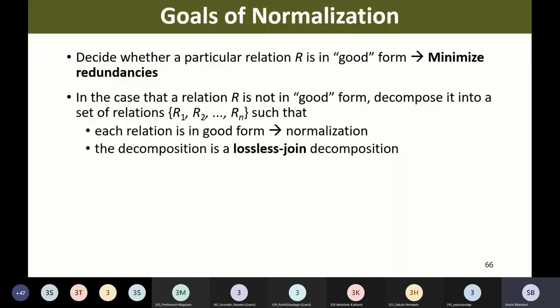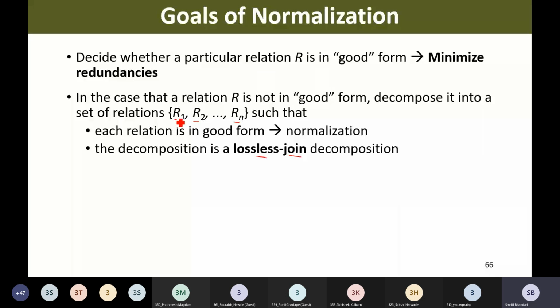Further, the decomposition must be a lossless join decomposition. So every relation in this set of decomposed relations should be in normalized form, and while decomposing the relation into several relations, the decomposition should have the property of lossless join.